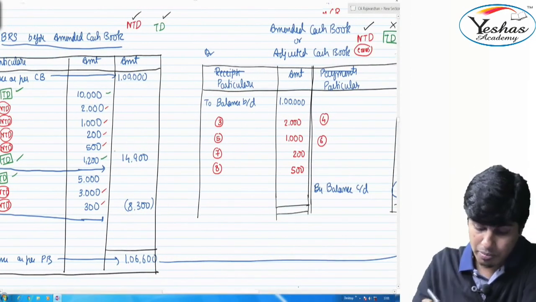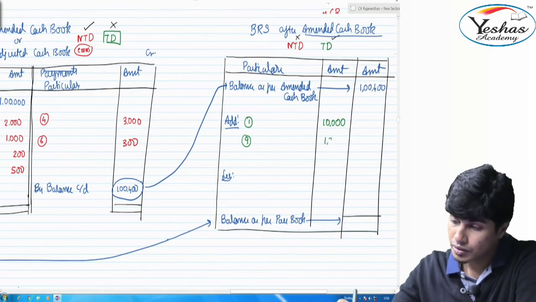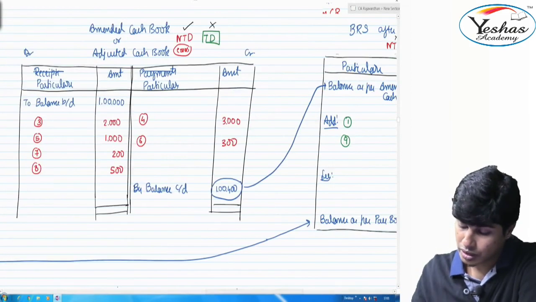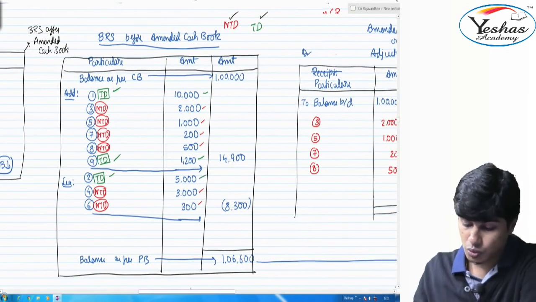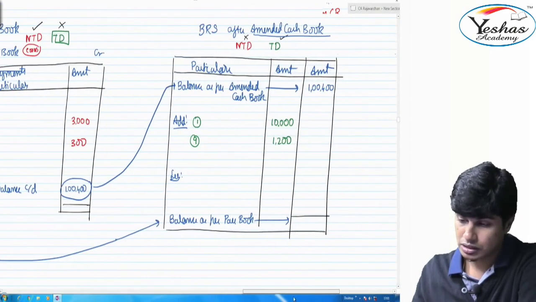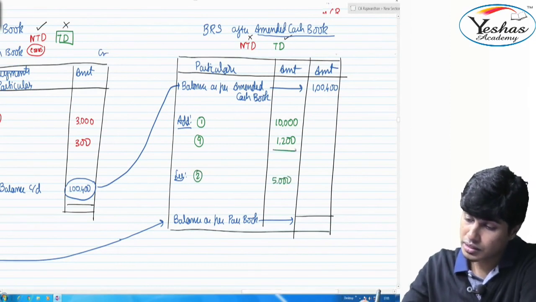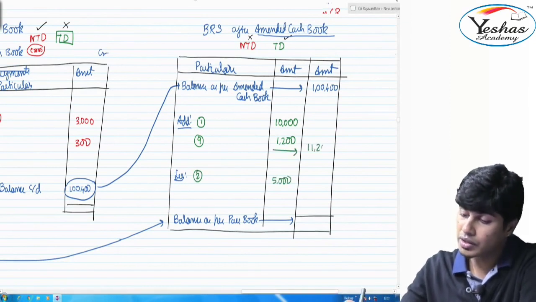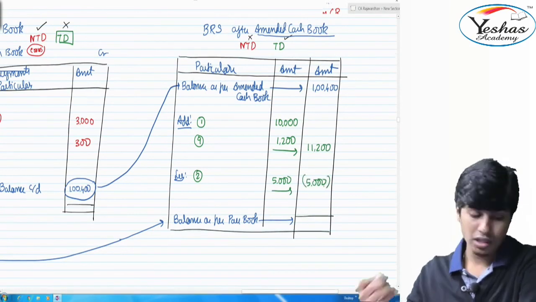I'll write 9, plus 1200. Okay, come on, let us now go to the next one. Next we have 2, that is 5000 minus. Here it will become 11,200 plus. Here it will become 5,000 minus.